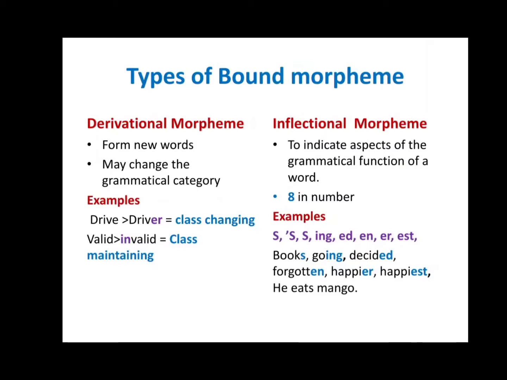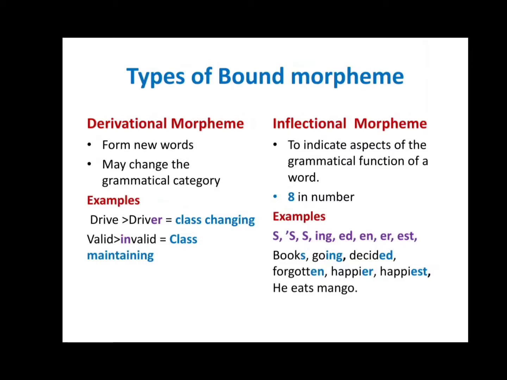Some derivational morphemes are class changing and some are class maintaining. Class changing means they can change the grammatical category of the word, and class maintaining means they cannot change the grammatical status of the word.